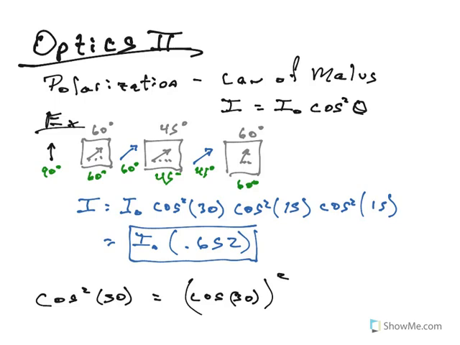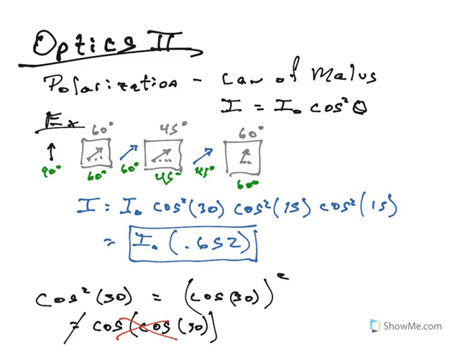So don't think cosine squared is like cosine times cosine of 30. That's not what this means. Cosine squared of 30 means you take the cosine of 30, you get a number, and you square that number. So either you do cosine of 30, then you square it, then times cosine of 15, then you square it, and so on.